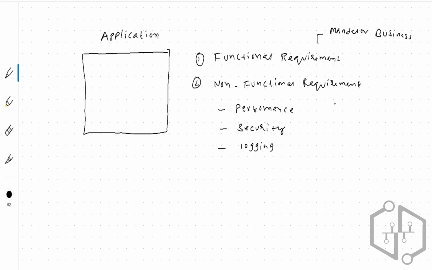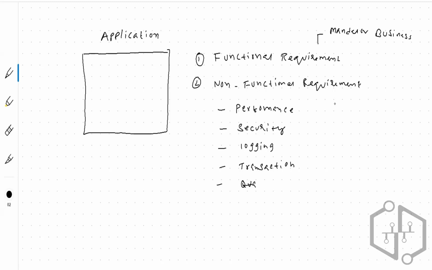So performance, security, logging, transaction management, these all come under non-functional requirements, right? We're using the terms functional requirement and non-functional requirement to separate what the application does versus what other things the application might need to function.